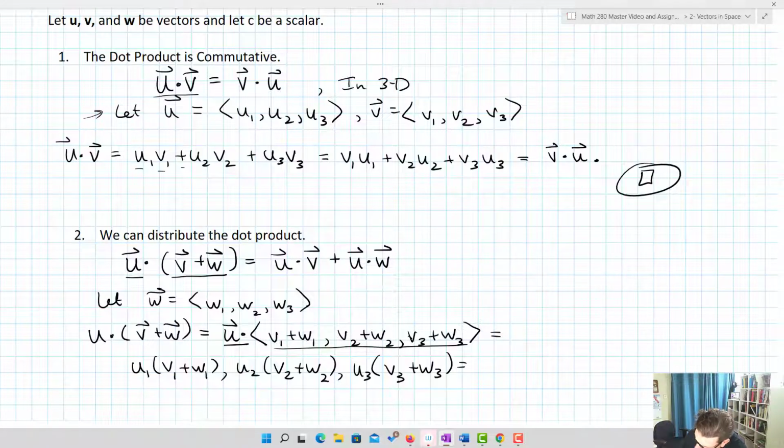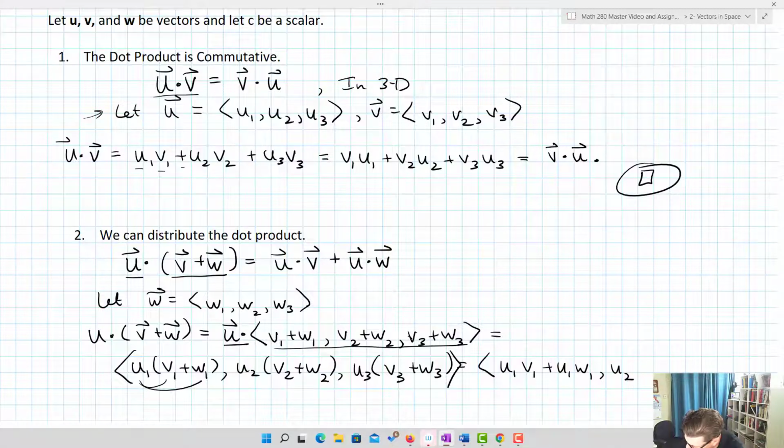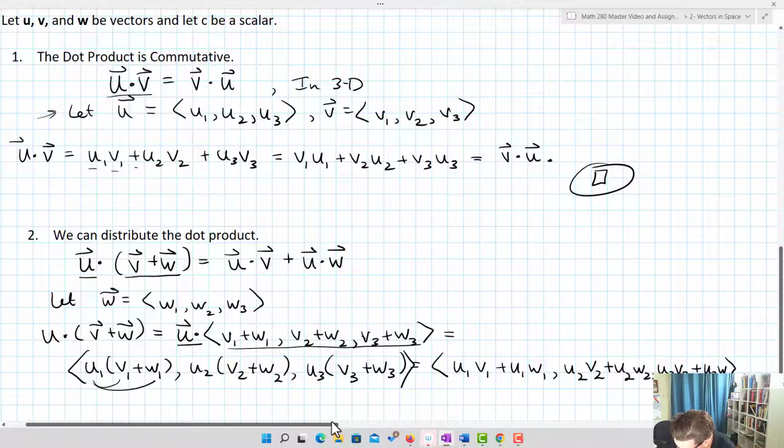Then that's going to equal, well, now these are just real numbers, so we can just distribute. This will end up equaling u1 v1 plus u1 w1, comma, u2 v2 plus u2 w2, comma, u3 v3 plus u3 w3. And there's your resulting vector.